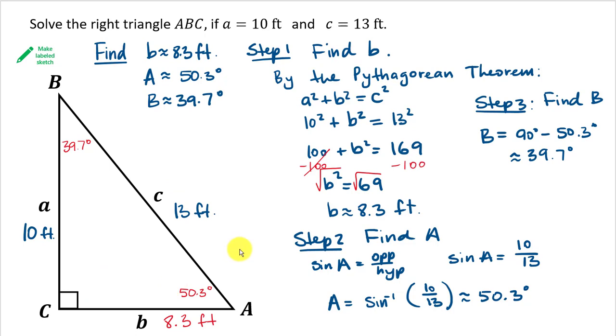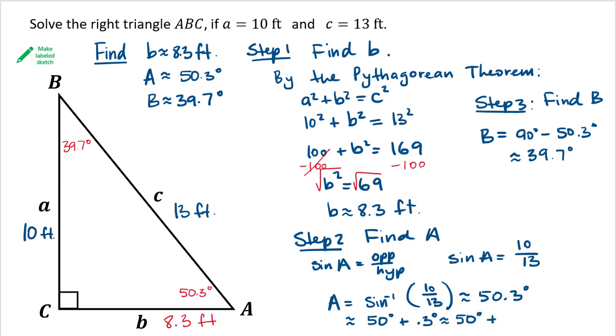At the end, I'd like to show you, or remind you, how to convert degrees to degrees and minutes, just in case the problem you're doing requires that. So let's try that for angle A. We found that angle A is approximately 50.3 degrees. Well, that is the same as 50 degrees plus 0.3 degrees.